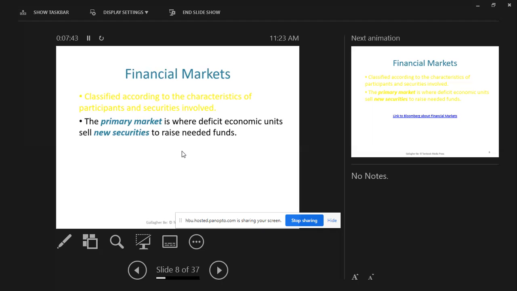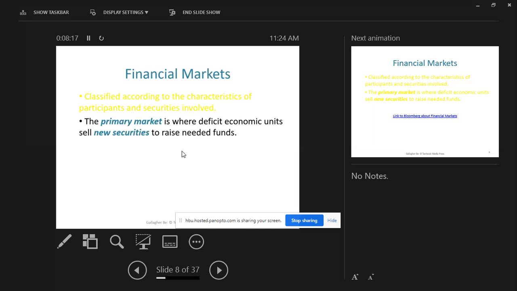SEO is when the company already issued stock, the first round of equities, and wants to issue more stock. They do a second round, which is still new securities, but more of them. So that is called a seasoned equity offering. Do you understand the difference between IPO and SEO now?